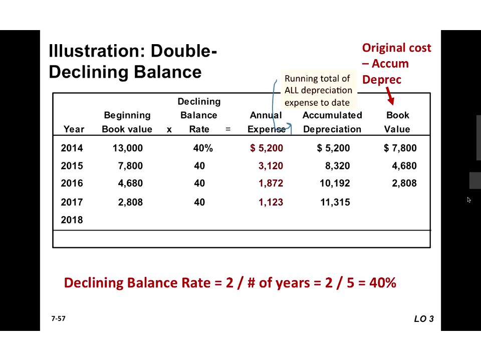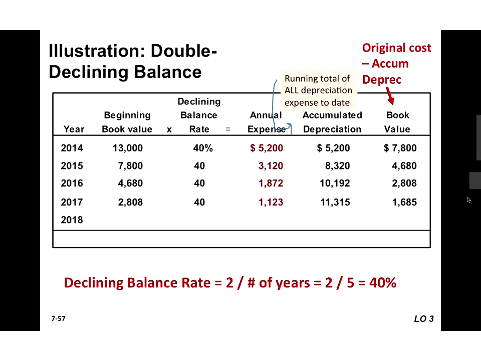To get our book value, it's always the original cost minus the accumulated depreciation. So in 2017, it'll be $13,000 minus $11,315. Okay, so that book value will always be the original cost less the accumulated depreciation on this line. So we will get $1,685.